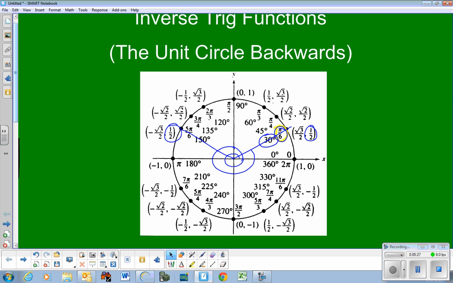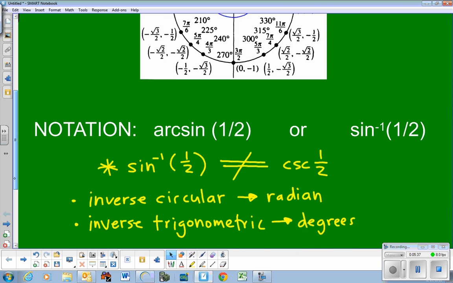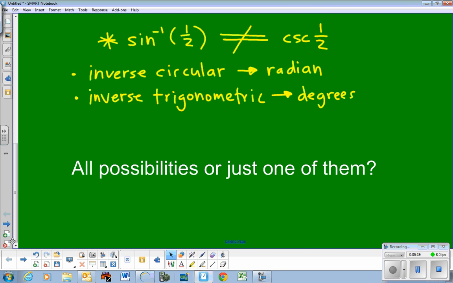What's the sine of negative 330? 1/2. There are infinitely many degrees or radians that have sine equal to 1/2. So if I say to you, tell me the angle whose sine is 1/2, there are infinitely many possible answers. So here's how we deal with that.